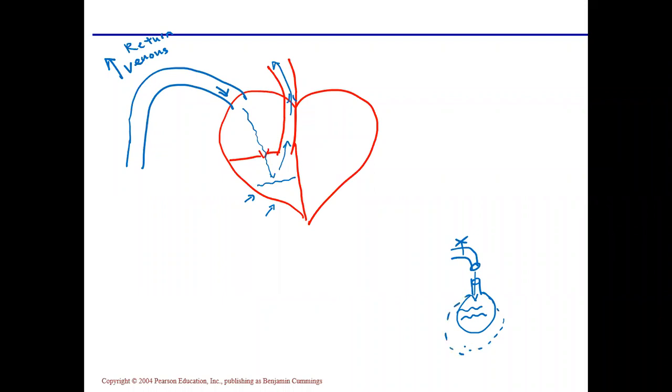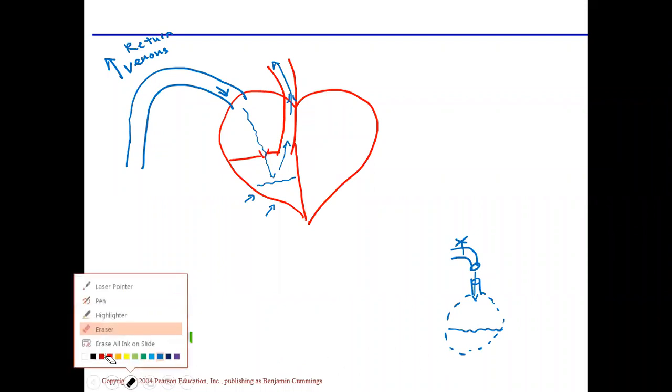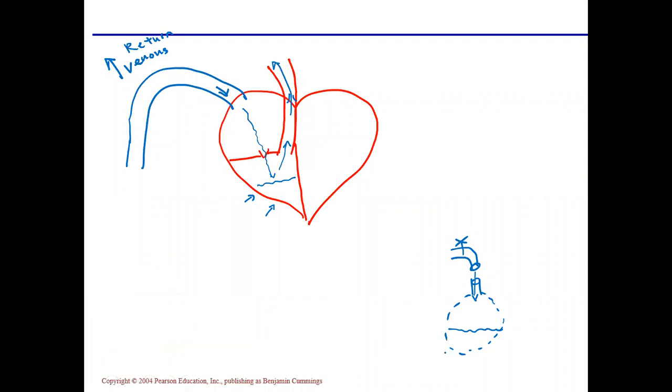Now you could fill it up with more water, right? As the water is getting filled up more and more, if you then contract the balloon with your hands, because it was filled more, more is going to come out, right?